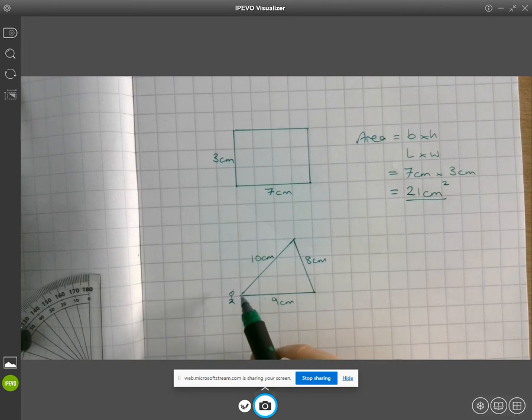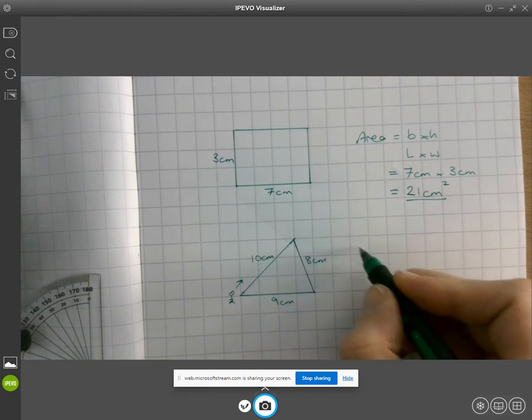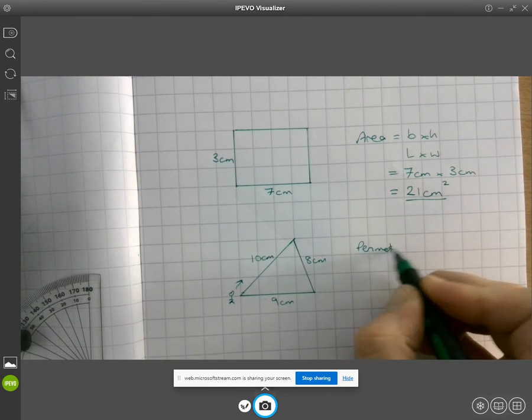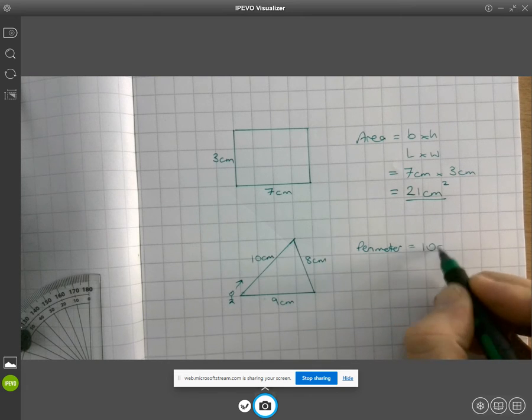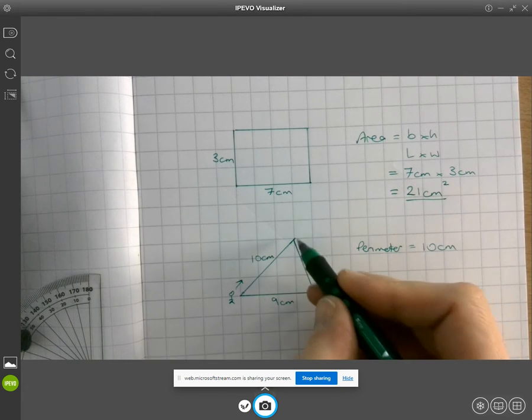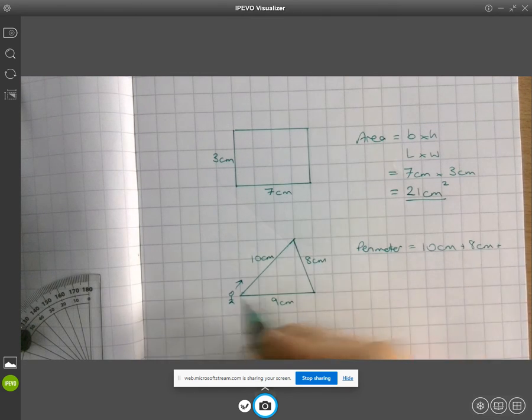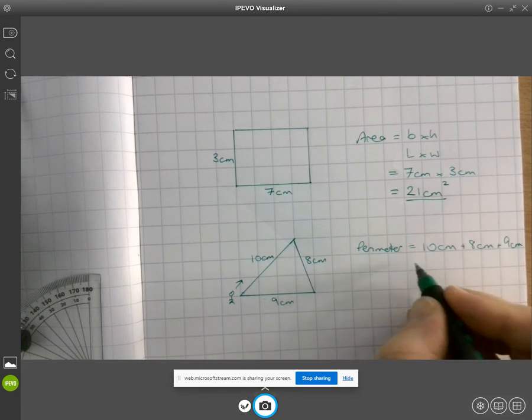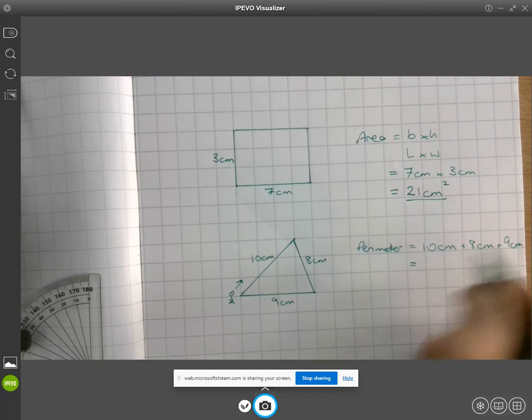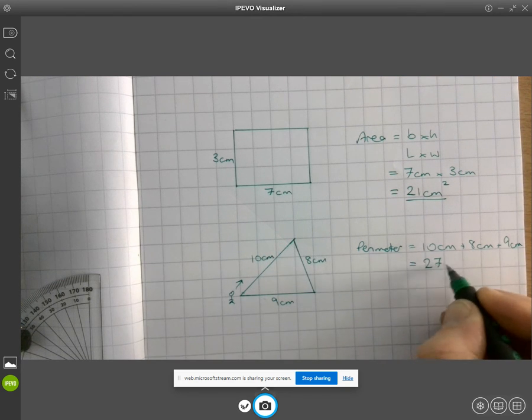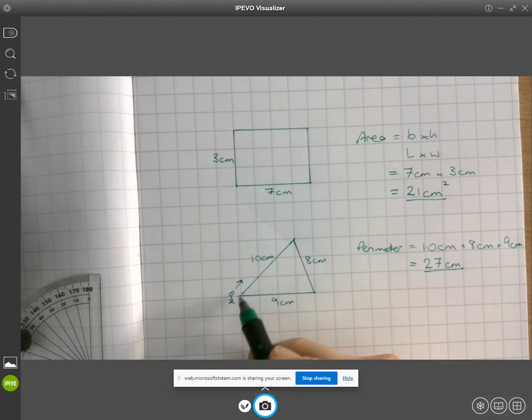If I was going to check all this perimeter fencing, let's say I start off this way, I'm going to end up with a perimeter of 10 centimetres first of all. Then I'm going to come down here, so I'm going to add 8 on. And I'm going to finish off going back to where I started, I have 9 centimetres on. 10 plus 8 is 18, plus 9 more is 27. It's just centimetres because it's just measurement in a linear, just a line.